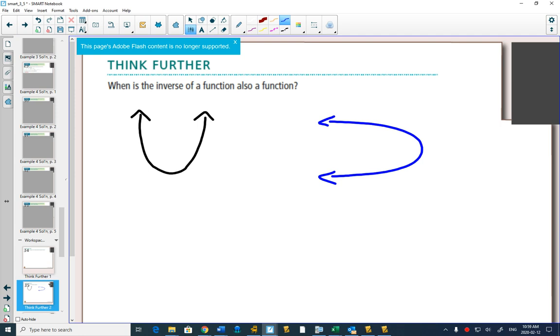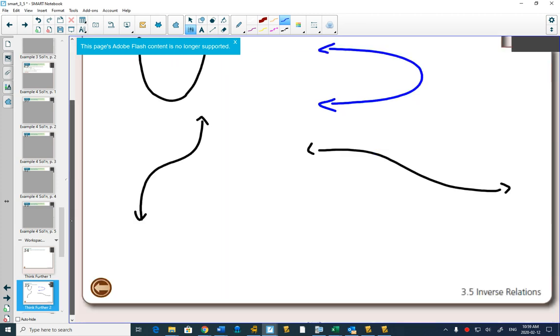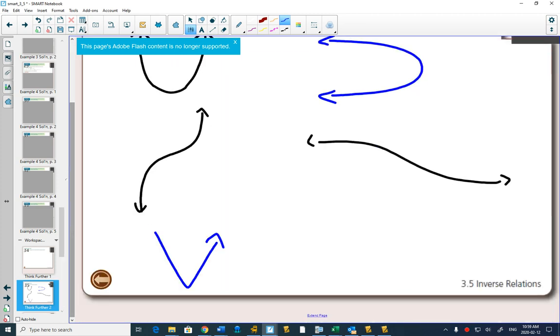So how can we tell, just by looking at the original graph, if the inverse is going to be a function or not? For example, if I do the x cubed graph that we have, its inverse is a function. But if I do the absolute value graph that we started with, its inverse is not a function.